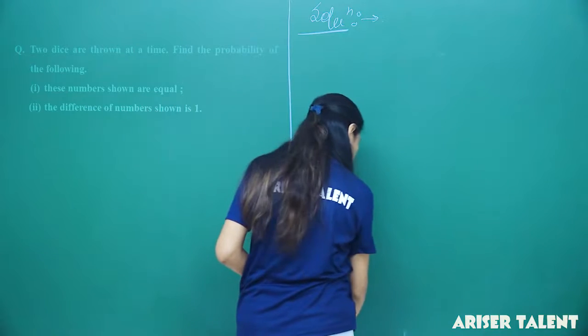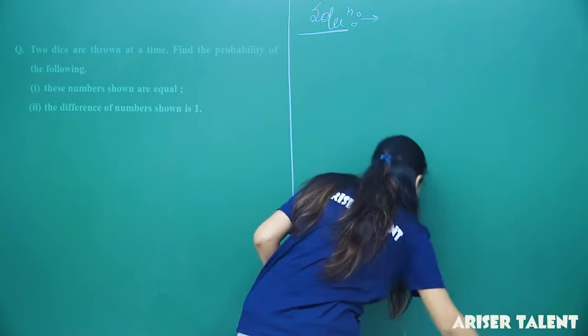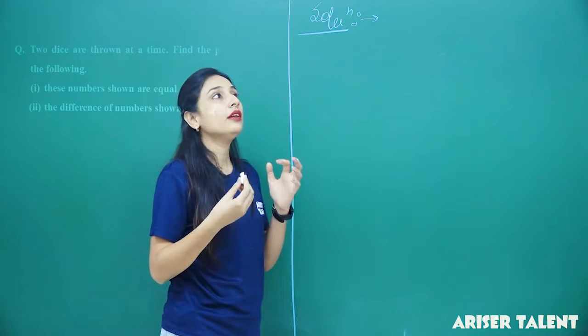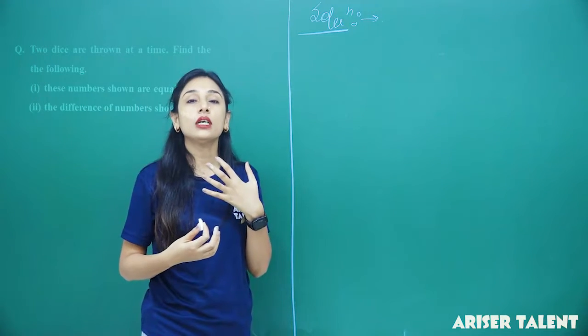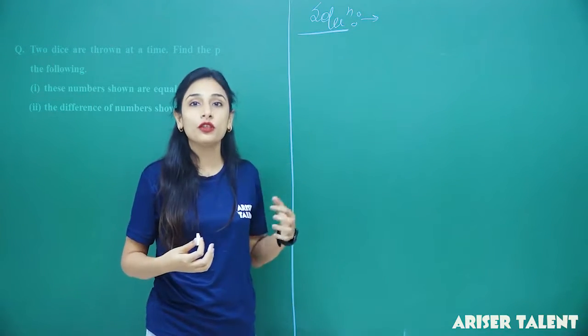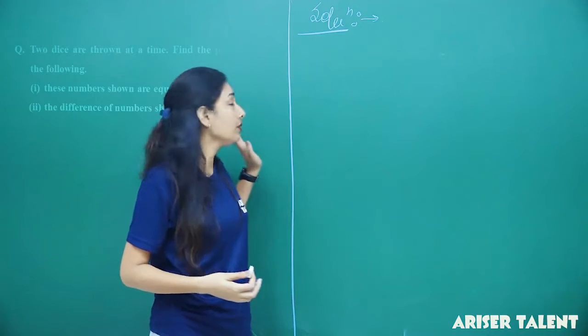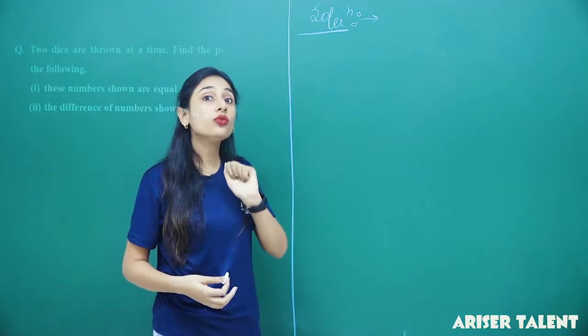Okay students, first I will have to know the maximum probable situations. What can we have when we throw 2 dice?